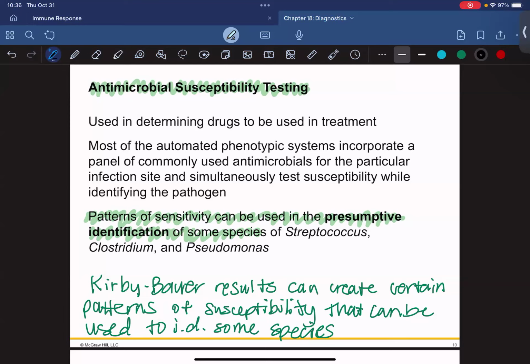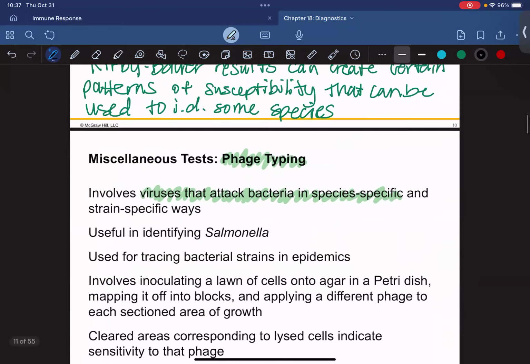You put those discs on there, and based on how big their zones of inhibition are, or whether they even have a zone of inhibition, that will tell you potentially what that organism is. This is not used very commonly for general identification of organisms, but for telling the difference between species and subspecies, it can be useful for some genera. So they say they use this for Streptococcus, Clostridium, and Pseudomonas species to tell the differences between these. We don't use it a whole ton.